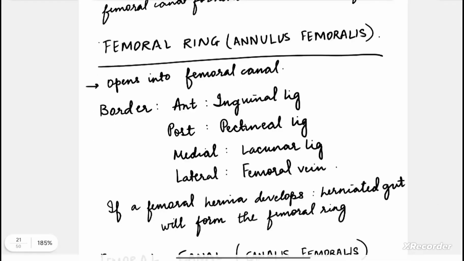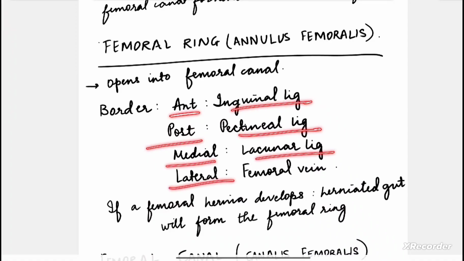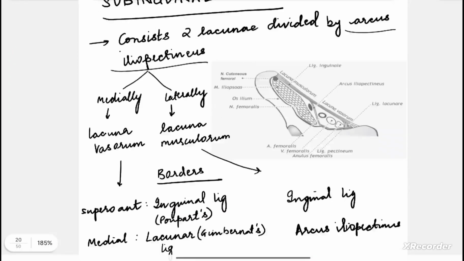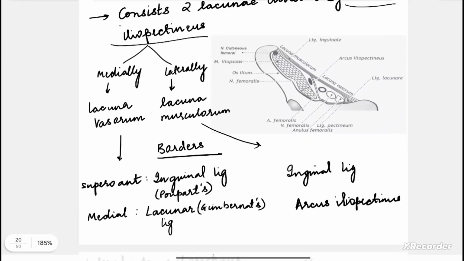Now femoral ring, annulus femoralis, opens into the femoral canal. Borders are anteriorly inguinal ligament, posteriorly pectineal line, medially lacunar ligament, laterally femoral vein. See, this is annulus femoris, femoral ring.